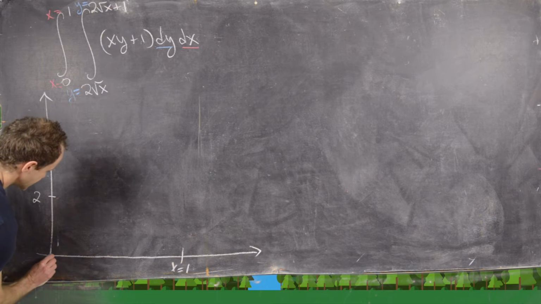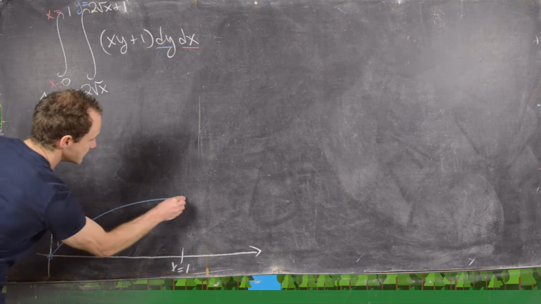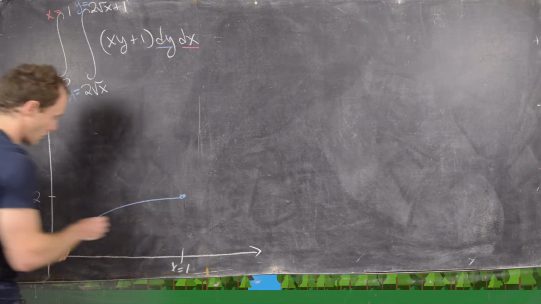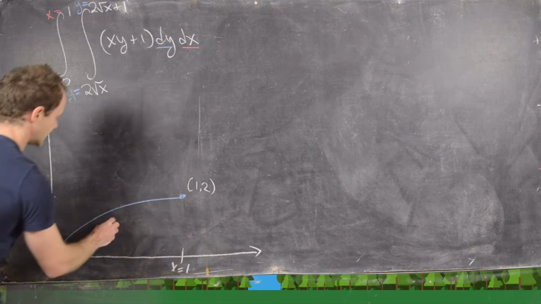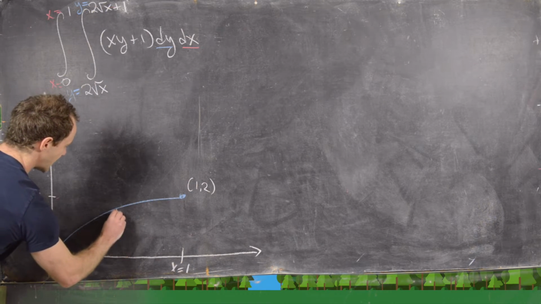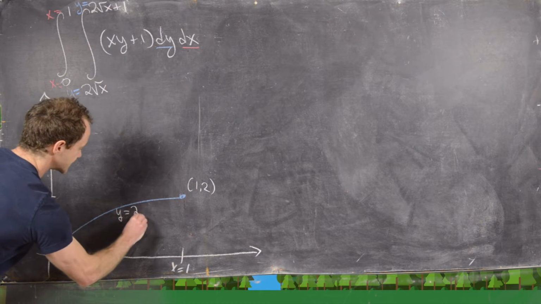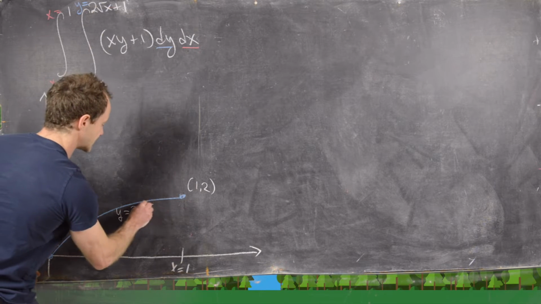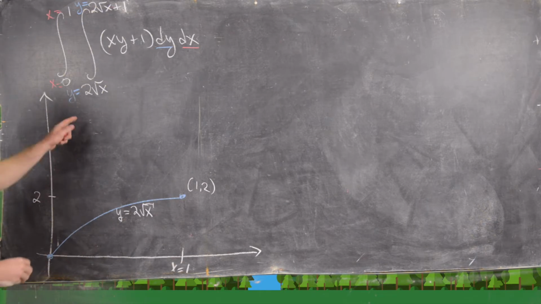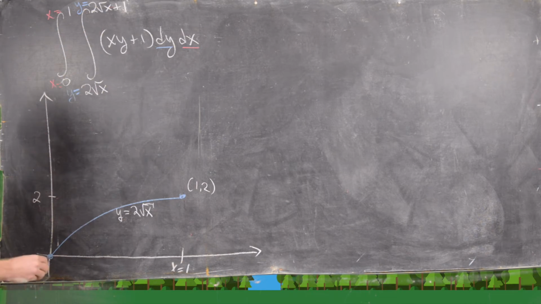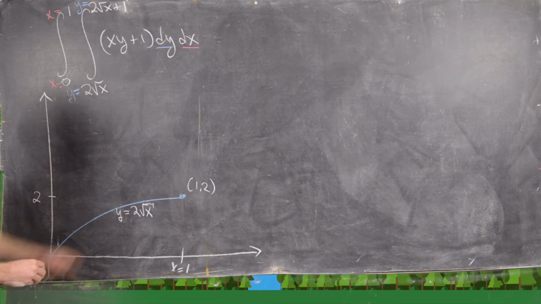This bottom curve is going to go through this point right here, which is 1, 2. Let's remind ourselves that this bottom curve is y equals 2 root x. Okay, so we've got something like that going on. Now let's look at the top curve, which is 2 times the square root of x plus 1.